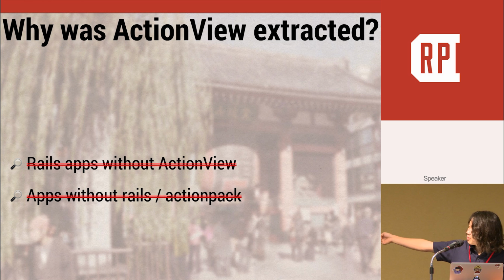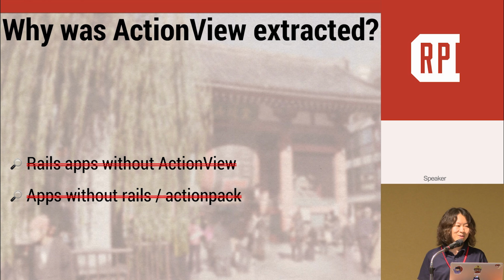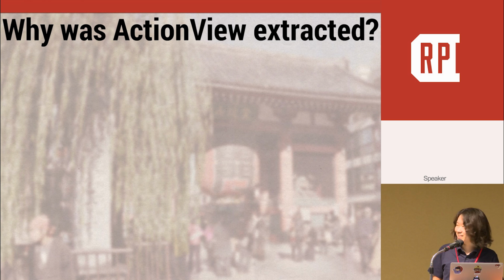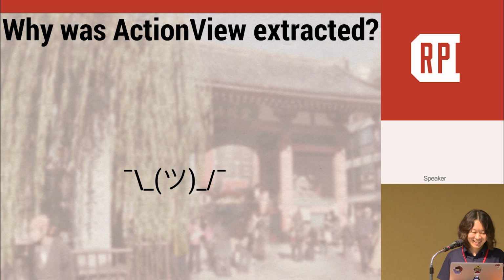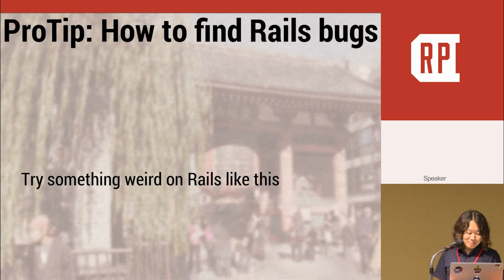So again, these two turn out to be false assumptions. So why was ActionView extracted to a gem? I don't know. No idea. Anyway, a pro tip. Here's the pro tip. This is how I usually find Rails bugs.